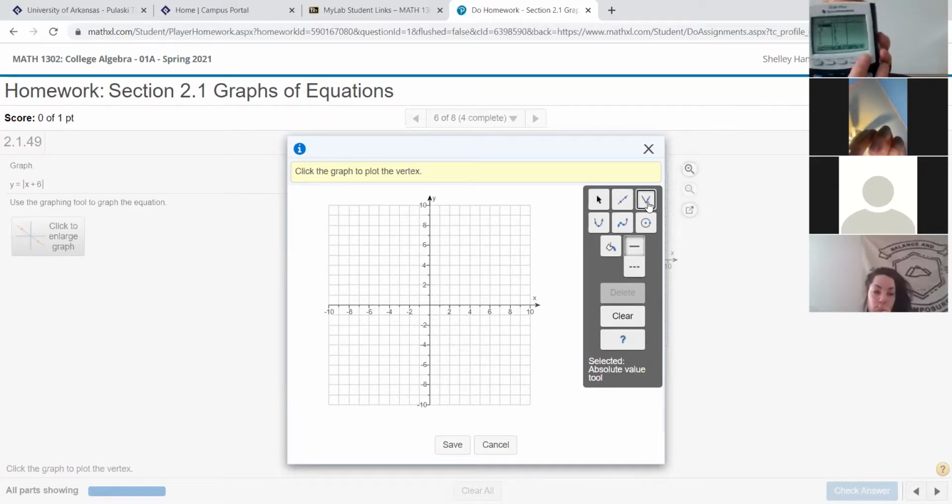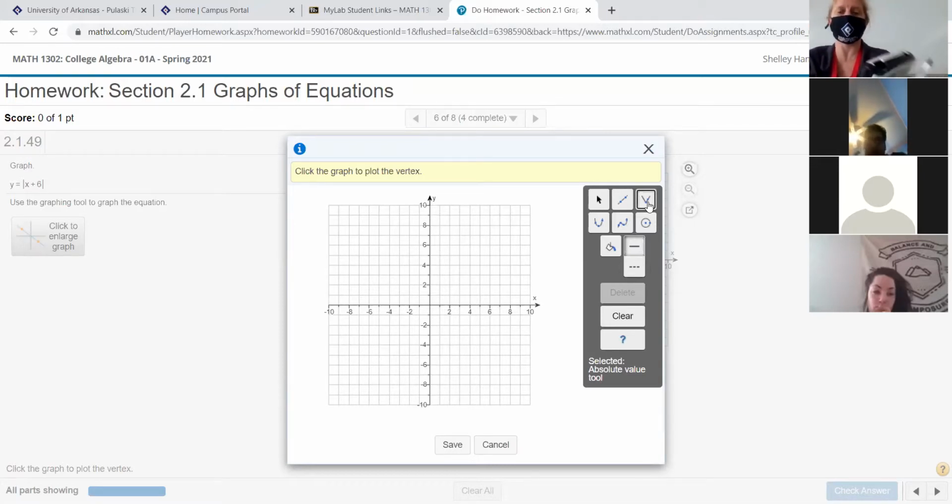So I'm going to hit the graph button again. The vertex is this point right here where the V comes down and makes its point. So eyeball that. That to me looks like it's lying right there on that x-axis. That point is going to be where the y is 0, right? If that point hadn't gone up or down, it's lying on that x-axis.